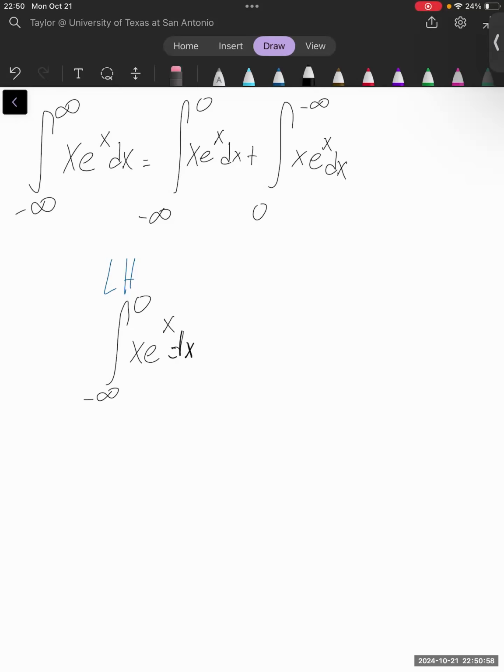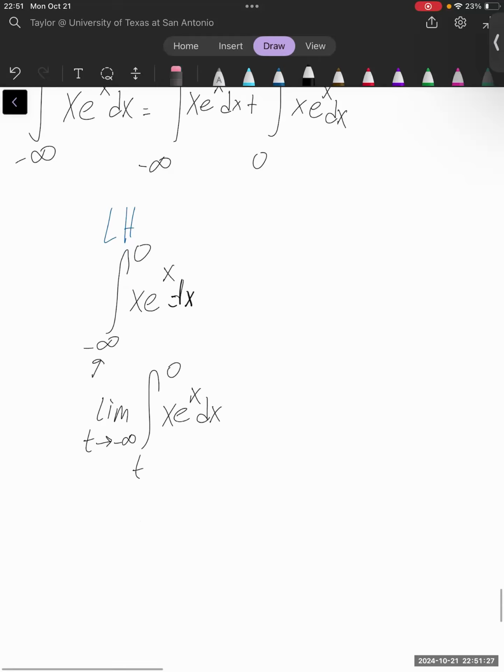First dealing with the bounds, rather than having negative infinity to 0, I'm just going to take t to negative infinity, so then I get the limit as t approaches negative infinity of the integral from t to 0 of x e to the x dx.